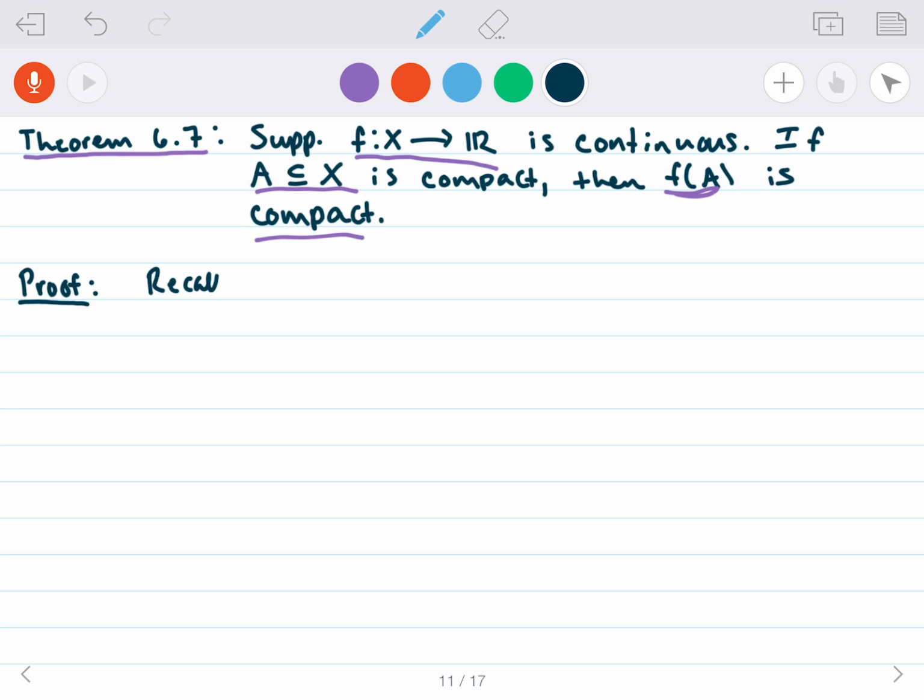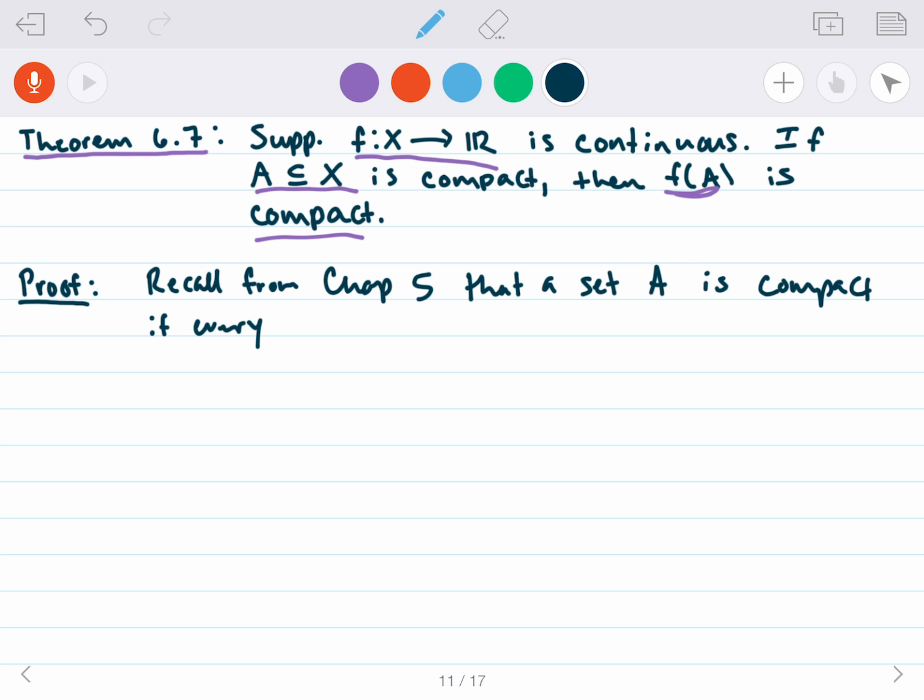Recall from chapter 5, this was 2 weeks ago, I think, that a set A is compact if every open cover of A contains a finite subcover.